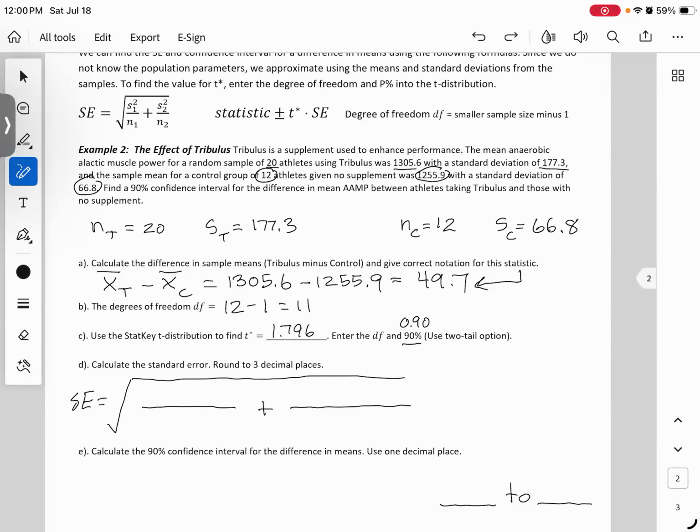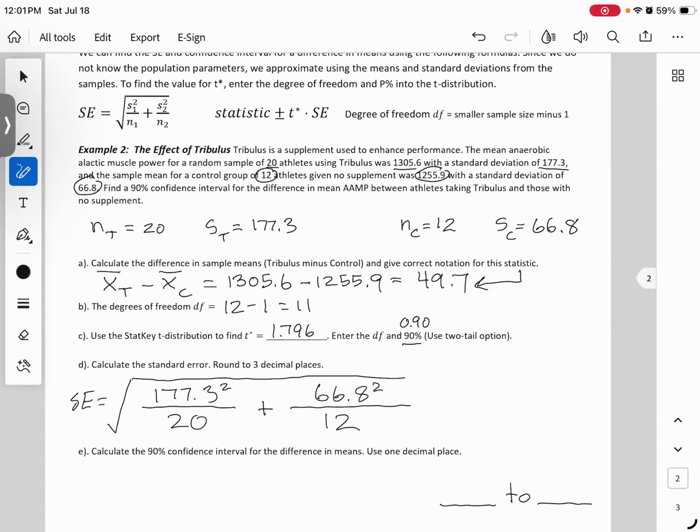And the formula tells us that the standard deviation for the first group should get squared, and the standard deviation for the second group should get squared. And then they should each be divided by their respective sample sizes.